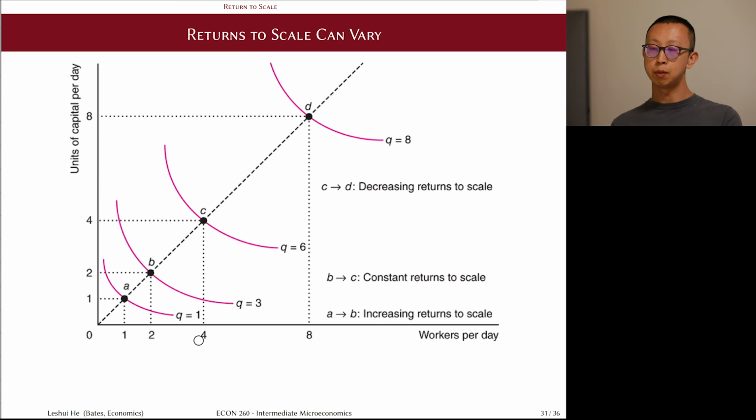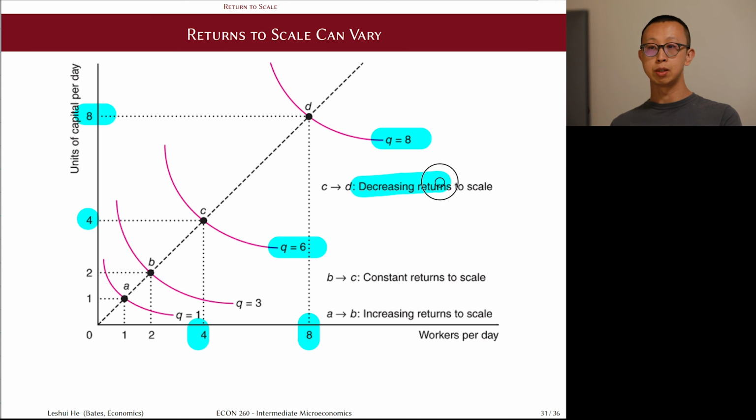Now, what if we double the input again from 4 and 4 to 8 and 8? Then in this case on the graph, the output is less than doubling. It's only going up from 6 to 8. So in other words, as we double again in terms of inputs, the output is less than doubling, so we have decreasing return to scale.